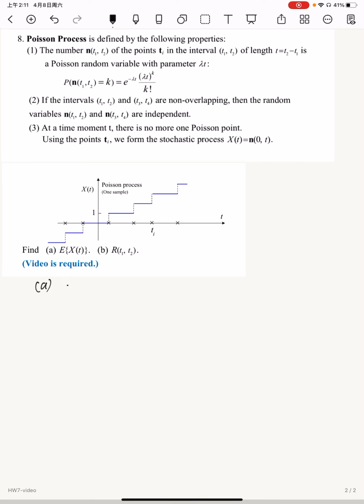We know that P(x equals k) equals e to the minus lambda, lambda to the k over k factorial. We have this equation.